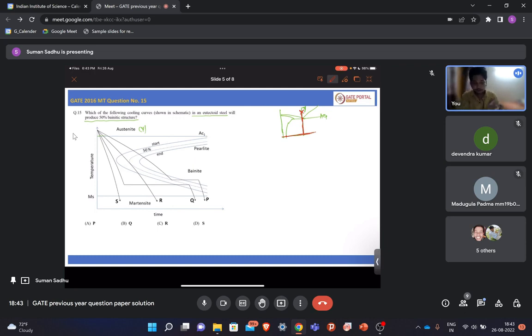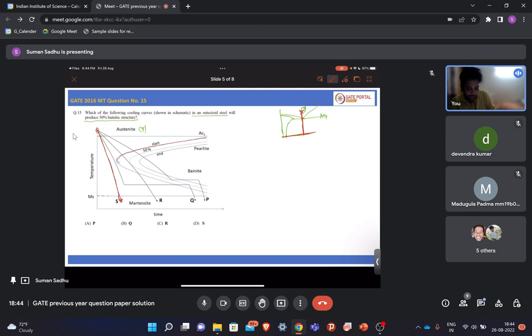But if you follow different cooling rates, the percentage of the different phases you obtain will be different, and the morphology may also vary. Let us consider all the cooling curves one by one. This is the fast cooling curve. It cools from the austenite region directly to below the Ms temperature. It is not touching any of these C curves, right?